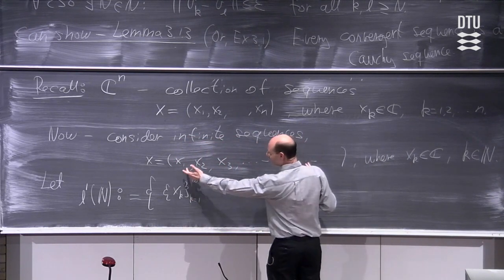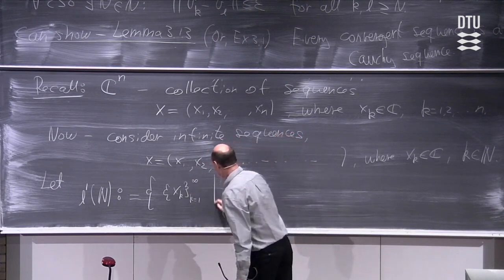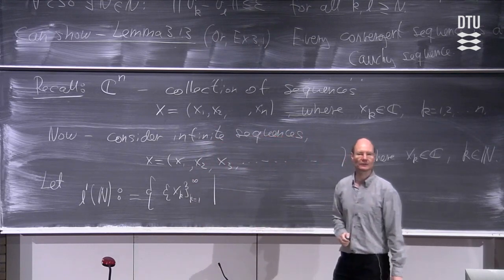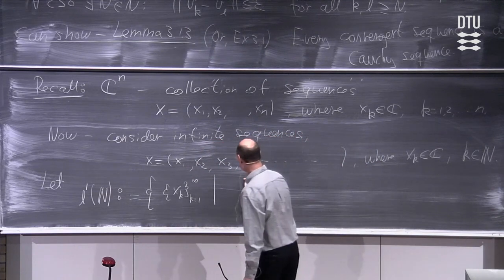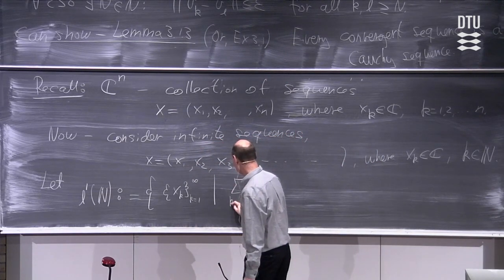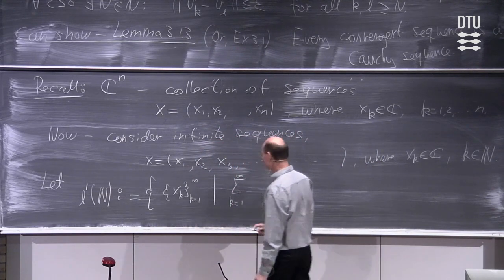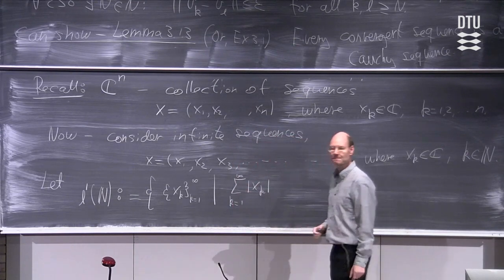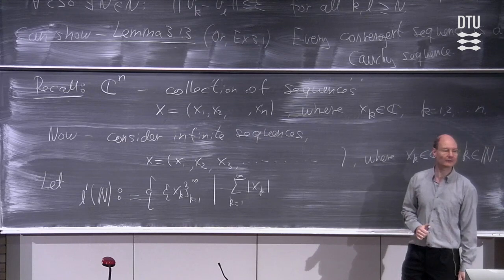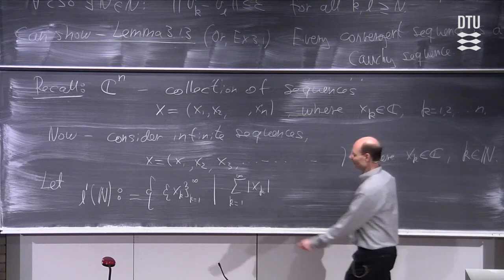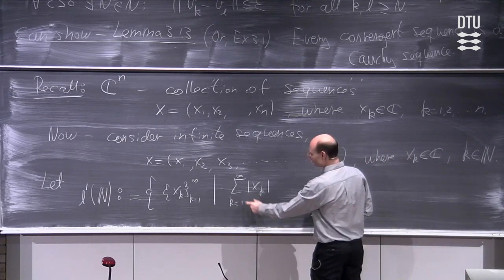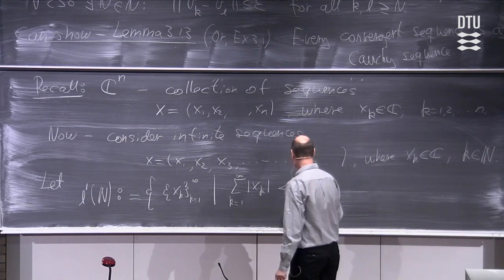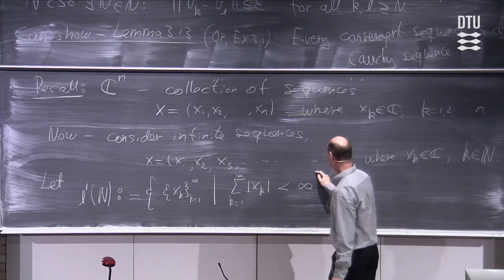We look at all sequences of this type that satisfy a special condition. The condition is that if we look at the sum from k equal to 1 to infinity of the absolute value of xk, then we get a series that is convergent. That means whenever you try to calculate the sum of this series, you get something that is finite.